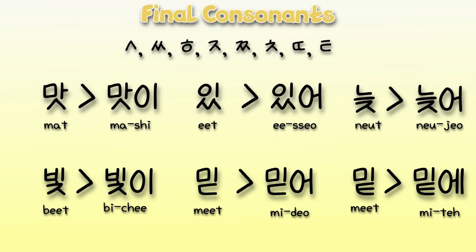Let's see what this would look like and hear the difference. 맛 turns to 맛이. 있 turns into 있어. 늦 turns into 늦어. 빛 turns into 빛이. 믿 turns into 믿어. 밑 turns into 밑에.